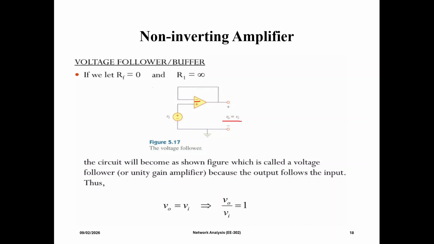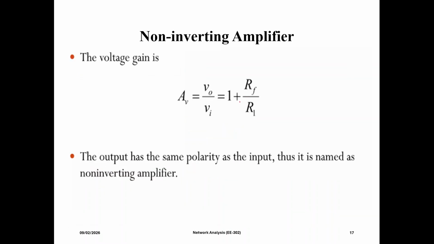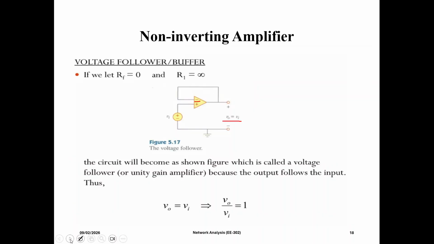equal to V input. Okay, output voltage will be equal to the input voltage, so what will the gain be equal to? According to this formula, the gain is equal to 1. So this circuit does not amplify voltage, but it is very useful for isolating stages in a circuit because it has high input impedance and low output impedance.